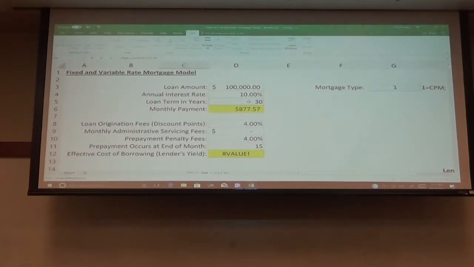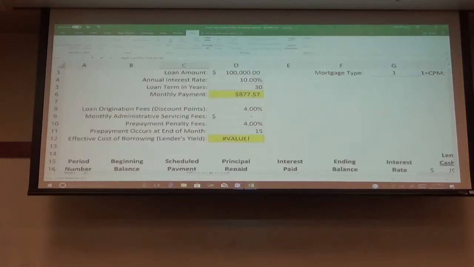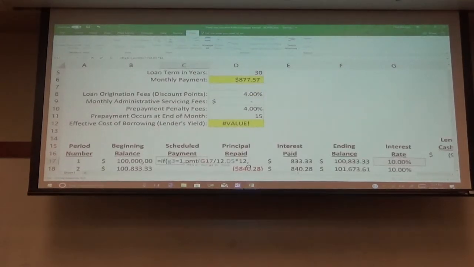Okay, times 12, comma. Can't see it? You can't see it? No. Okay, well, once I've got it, I'll pop it up there where you can actually see it, because obviously it's only showing what's there. So the present value is going to be the loan amount, okay? So that should be good.